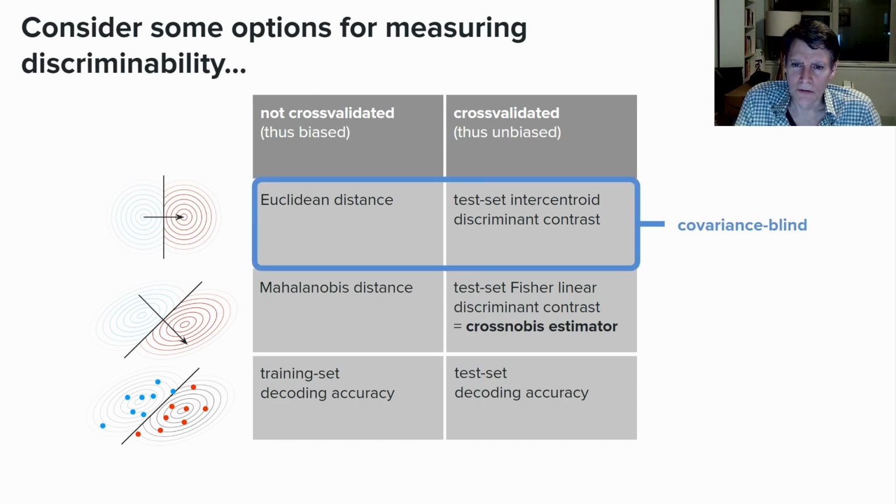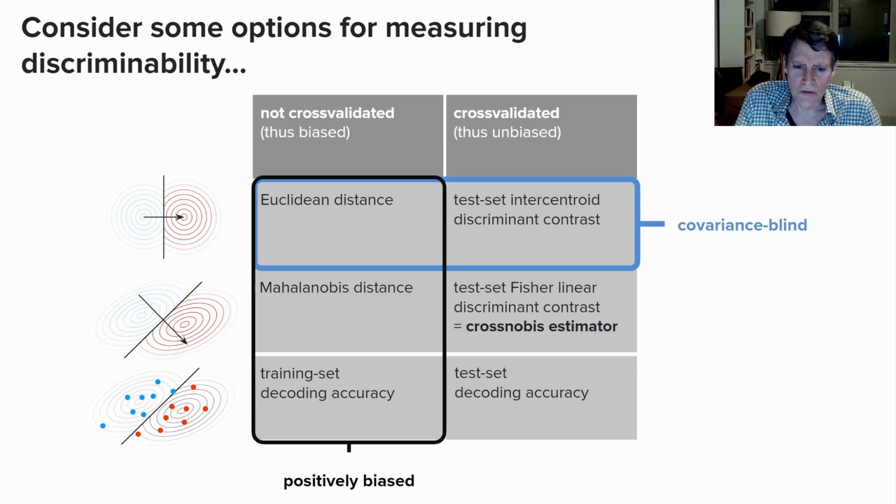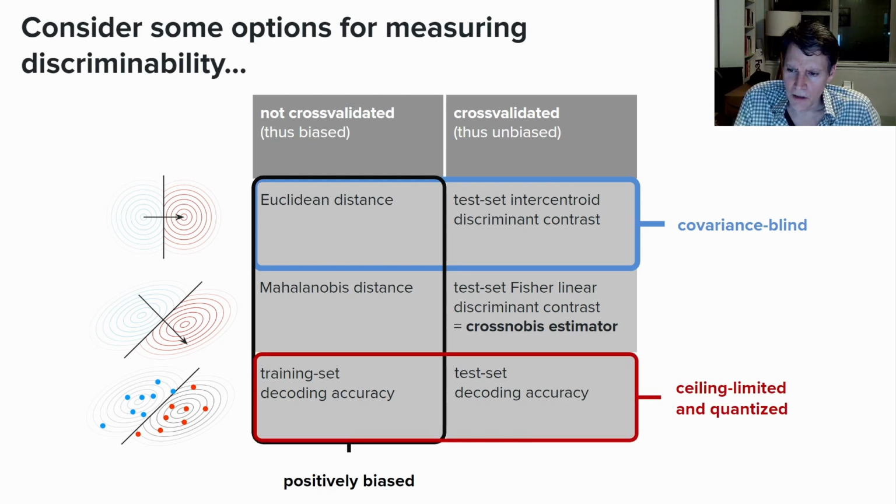So note that these top two choices here are covariance blind, so that makes them a little bit less attractive. These choices on the left here are all positively biased, so they are less attractive for this reason. And these choices at the bottom here are ceiling limited and quantized. So when we compute the accuracy, we have to count how many patterns fall on the right side of the threshold, and that includes a quantization, which gives up on some of the information that's present in the continuous response pattern.